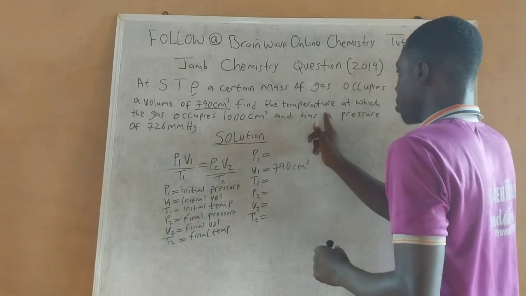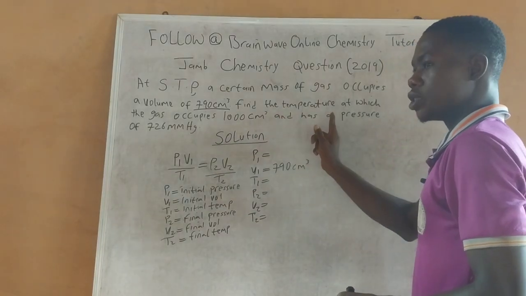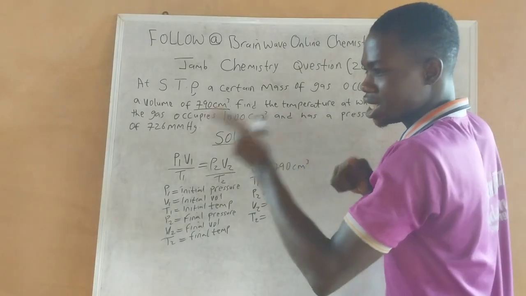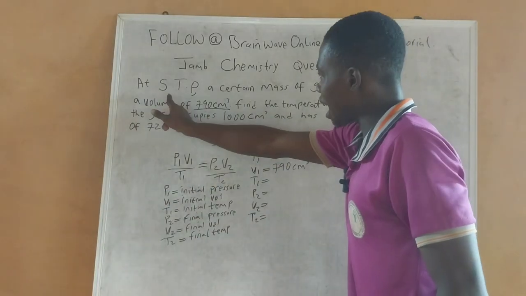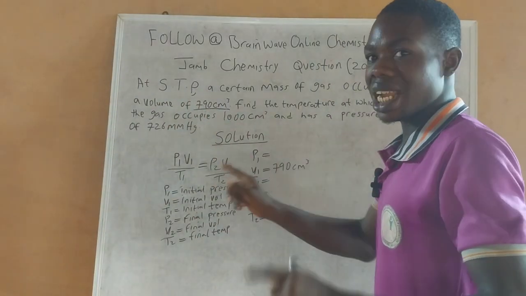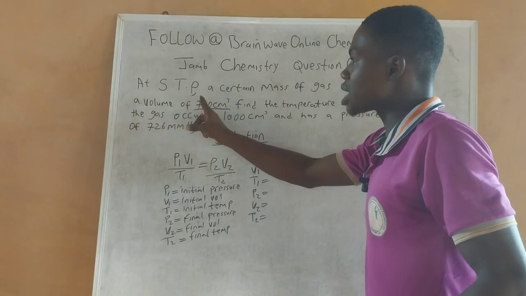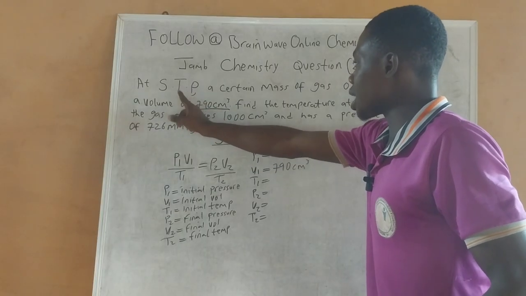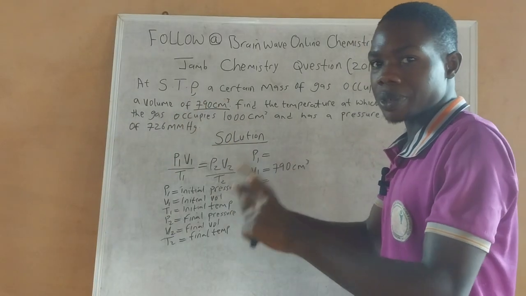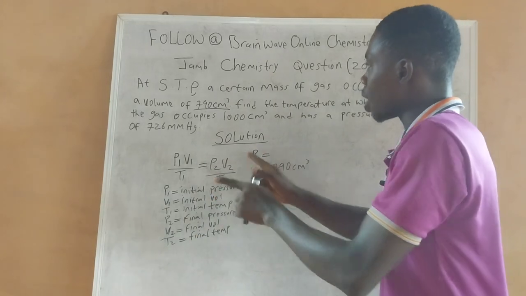They say find the temperature. They told us to find the temperature, but they did not give us the initial temperature. But here they wrote at STP. Earlier on I said that STP has a meaning, standard temperature and pressure, and standard temperature has a value, while standard pressure has a value.